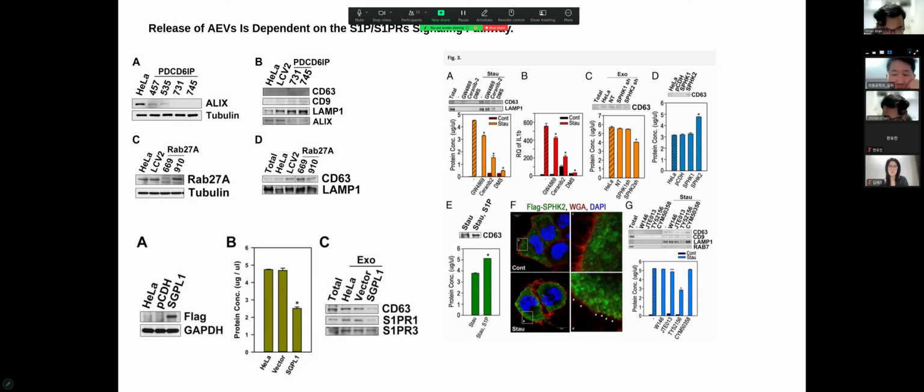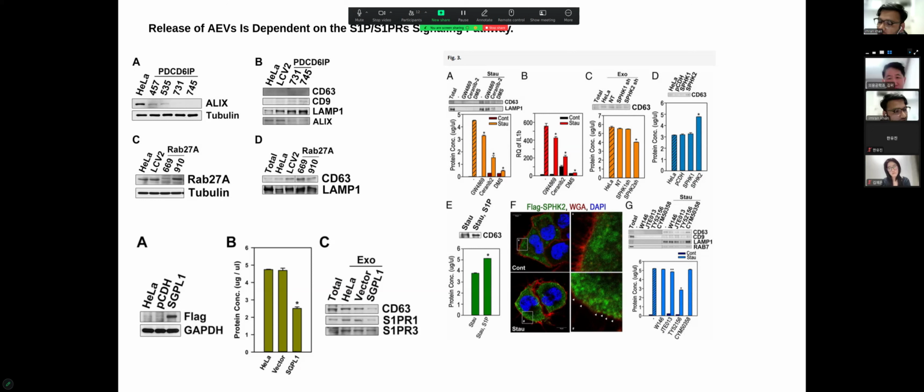And ALIX recruits ESCRT-III, which is important for the scission of the intraluminal vesicle from the cell membrane. Okay. So, what is the result?